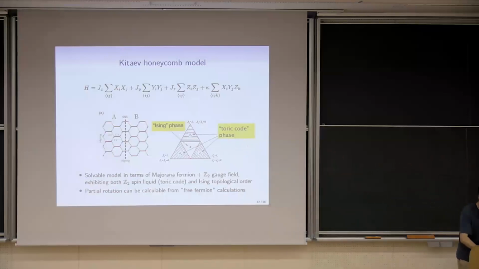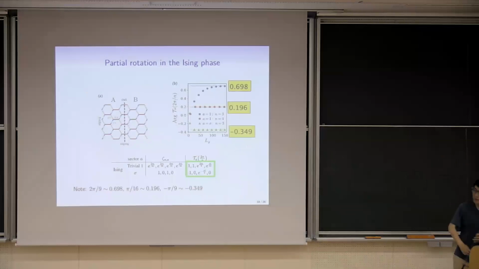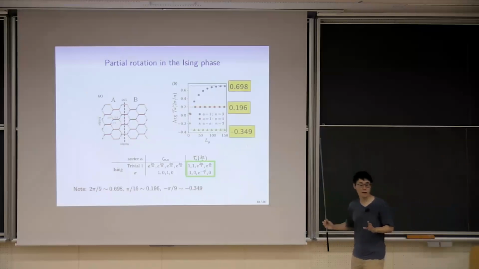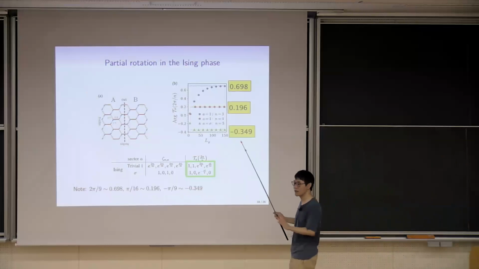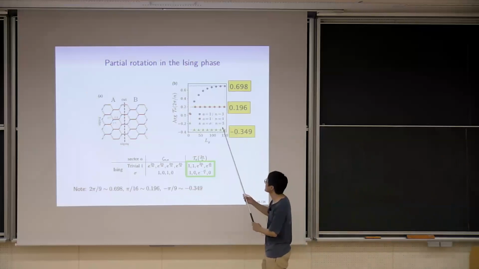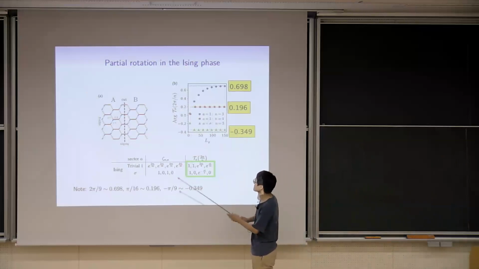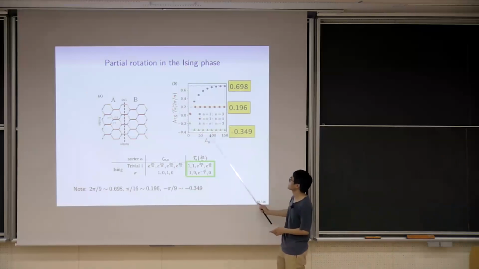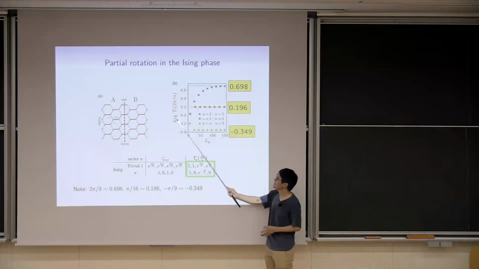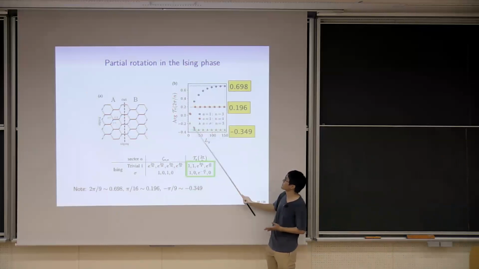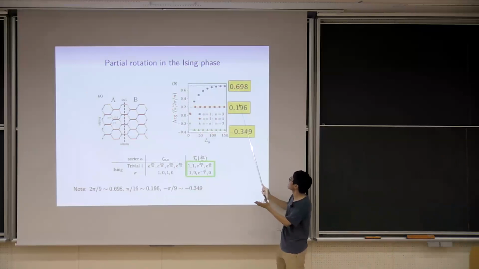But we first use this model, and this model doesn't require DMRG because it's exactly solvable. We have to do some numerics anyway, but it is not a DMRG calculation, and we can compute the expectation value of partial rotation. As you make the circumference large, the phase of this partial rotation saturates, like 0.7, 0.2, and so on and so forth.